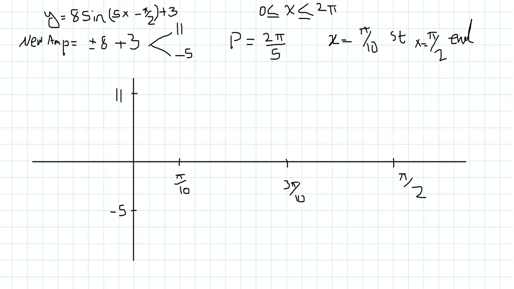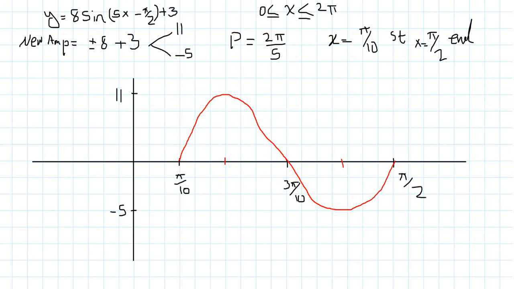It means that if I want to start from pi over 10, I know the graph of sine starts from 0. So if I start from pi over 10, here at the midpoint I should go to the maximum point.